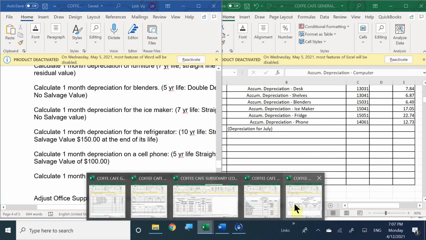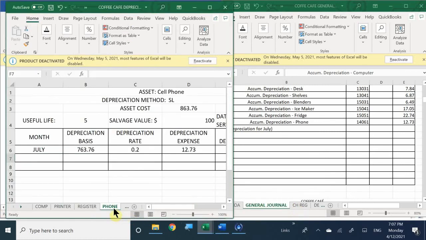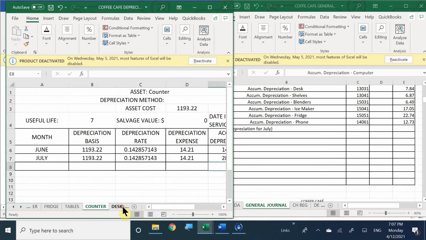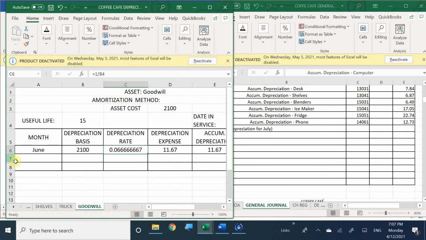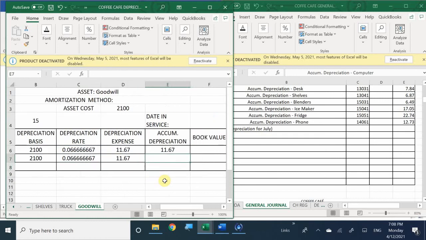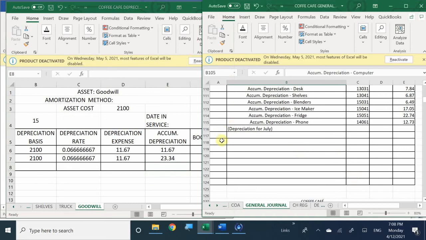And we know for a fact goodwill is going to be a lot like straight line. So if I go to my goodwill, I'm going to recognize it's July, that my basis is going to be the same, my rate's going to be the same, and therefore my depreciation will be the same. So it's going to be for the 1167.